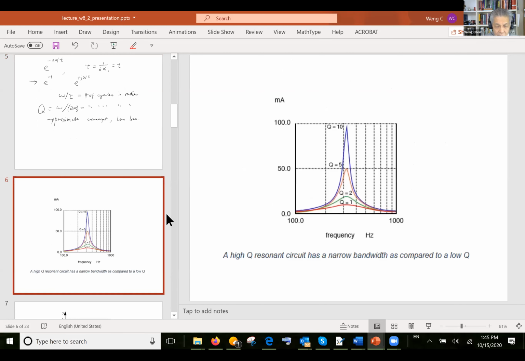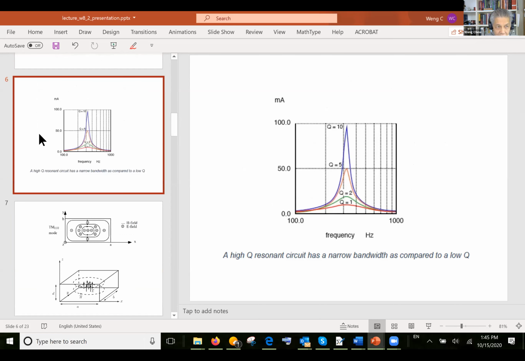Okay, so as I said before, if you have a cavity or LC tank circuit, you can have things of different Q. Some circuits will have high Q, high quality, if the loss is low, and small Q when the loss is high.